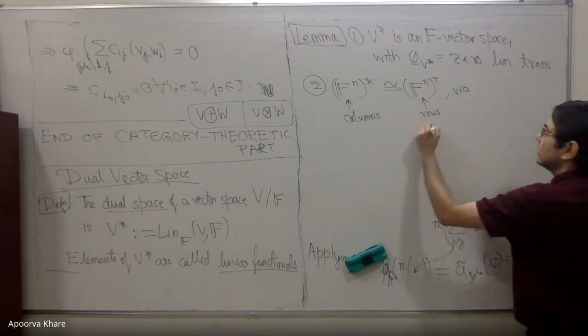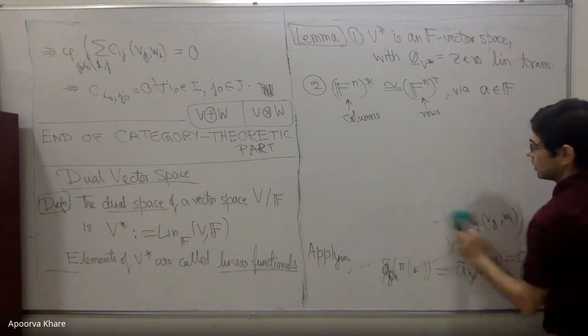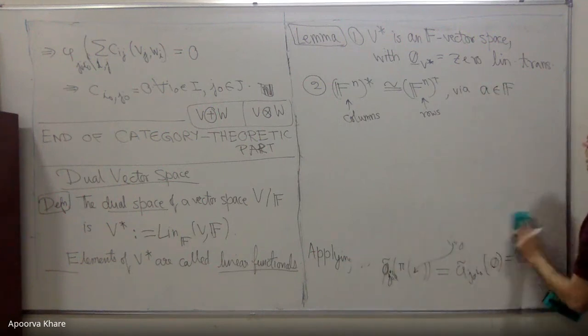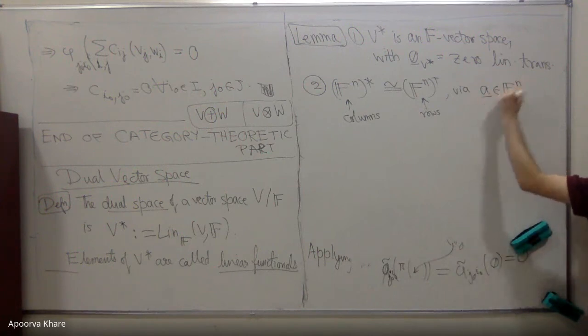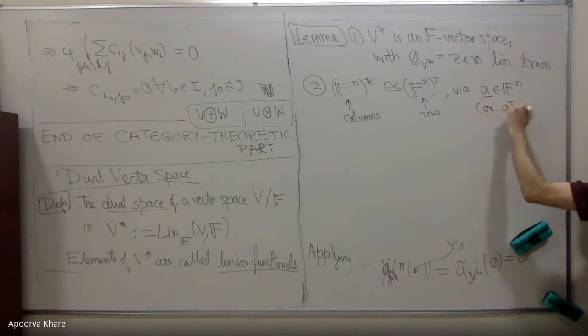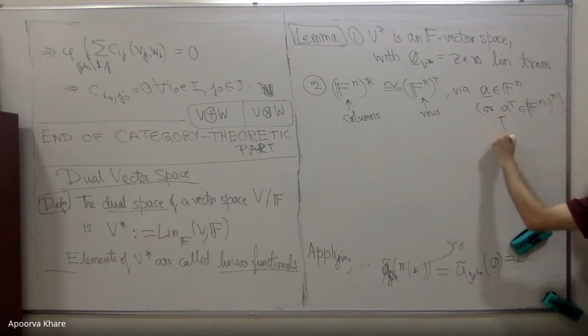So A in Fn transpose, or A in Fn, or A transpose in Fn transpose, either way. How does this become a functional? Well, we use the dot product.